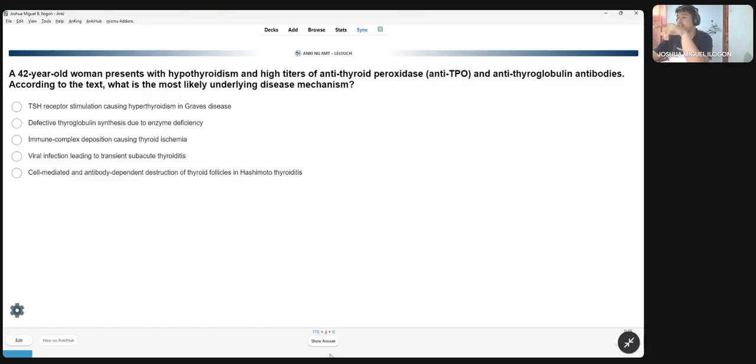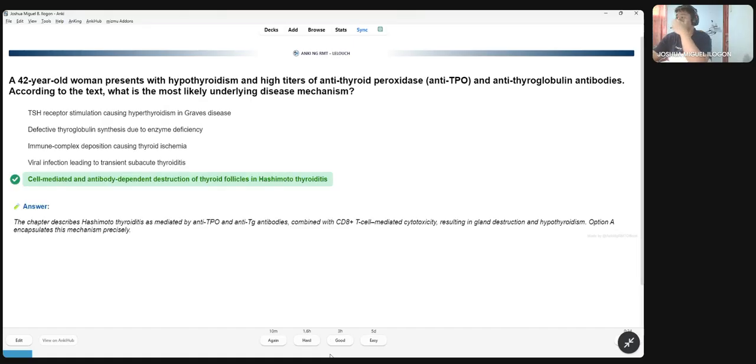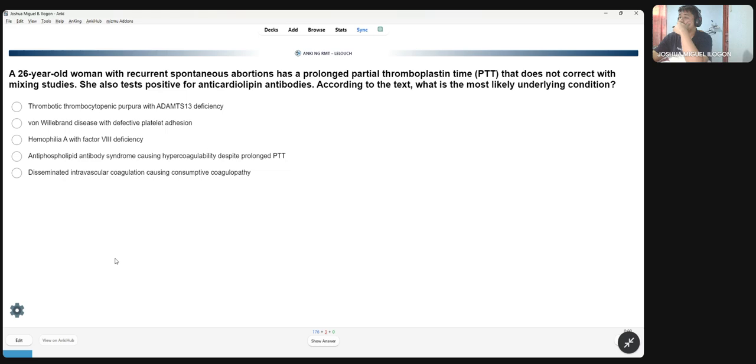Hypothyroidism. So your TPO is high and anti-thyroglobulin. As long as there is no TRAbs, you go for Hashimoto thyroiditis. So prolonged partial thromboplastin time, mixing studies do not correct, anticardiolipin.